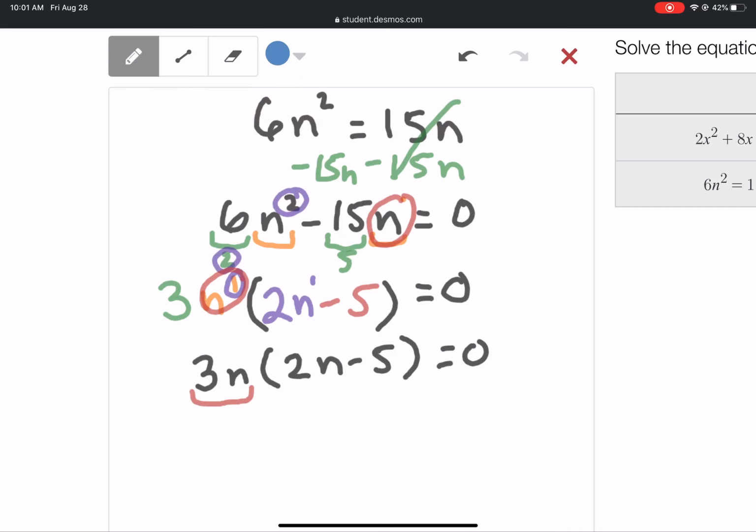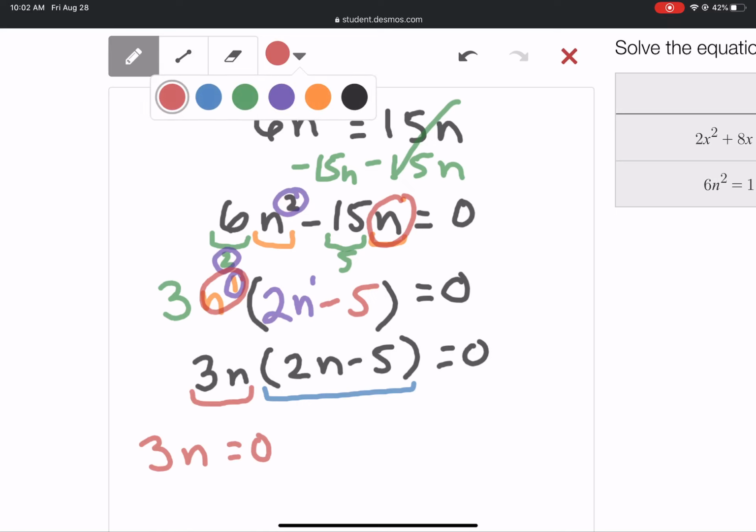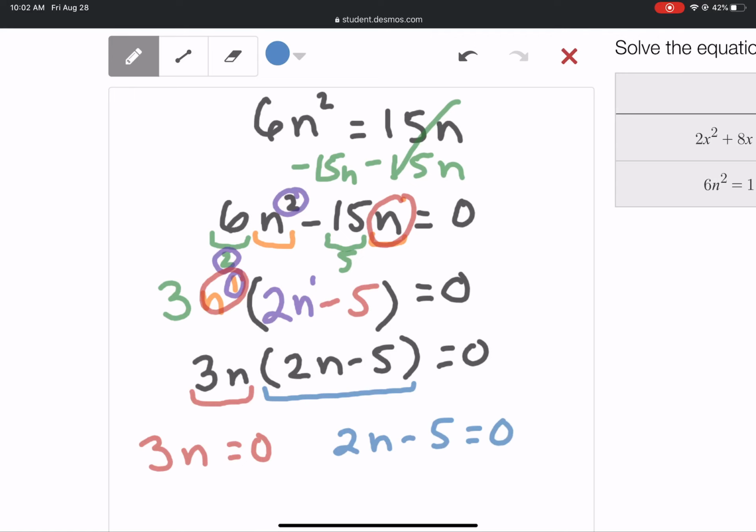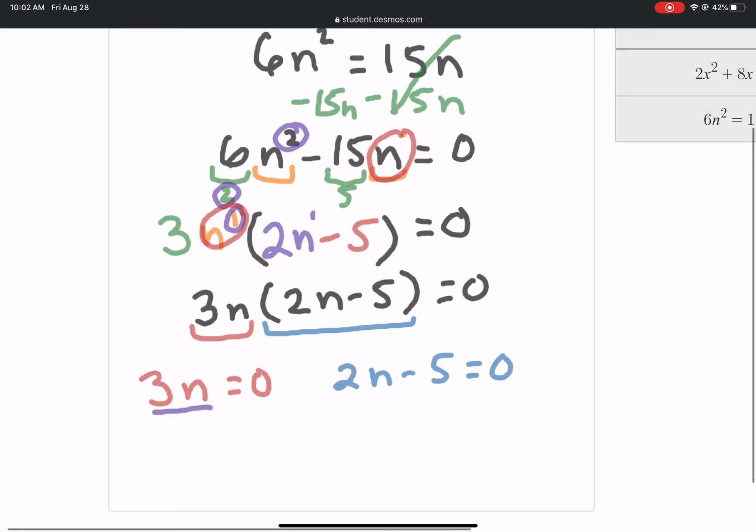Because these are two polynomials that are being multiplied and equaling 0, I know that one of them has to be equal to 0. So each piece gets set equal to 0.